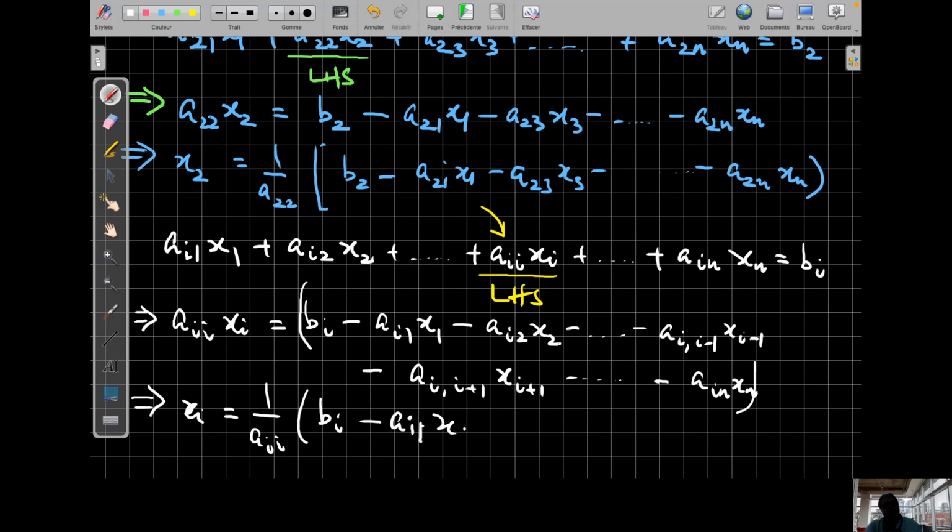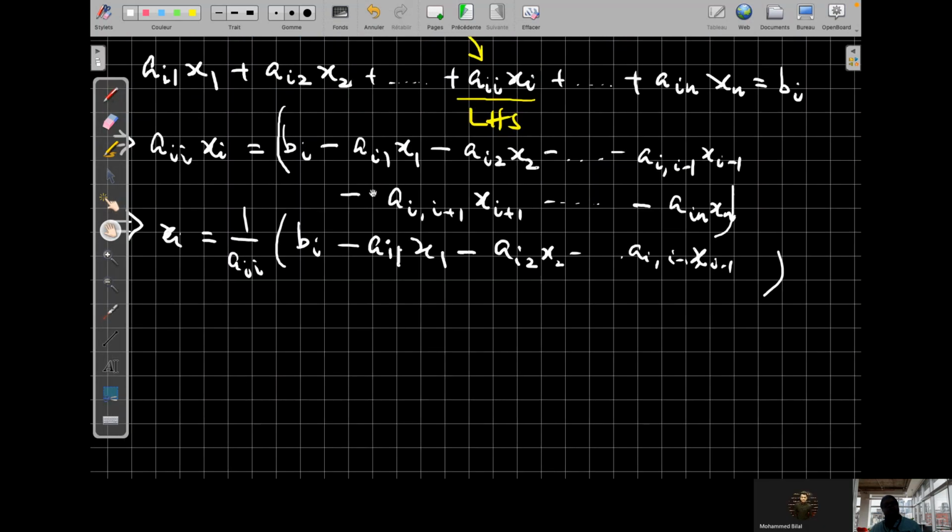Minus a_i2 x_2 and so on and so forth up to a_i,i-1 x_i-1, and so on. So all that part you have to write here. Let me see if this part also is going to come.